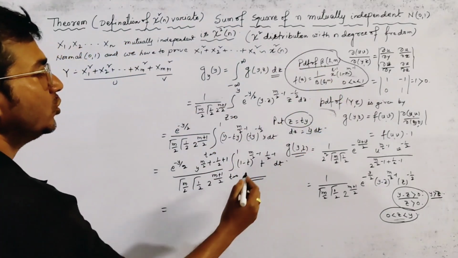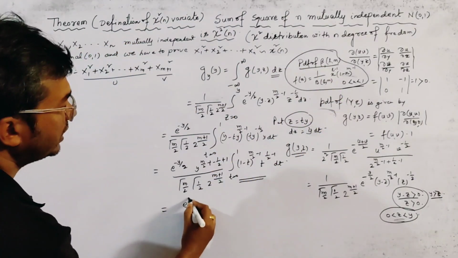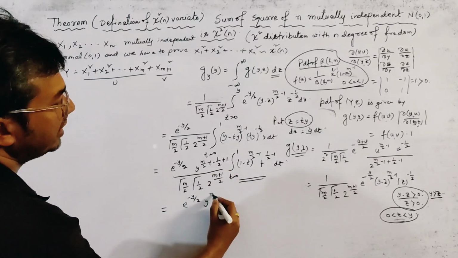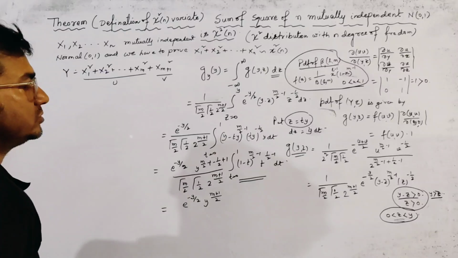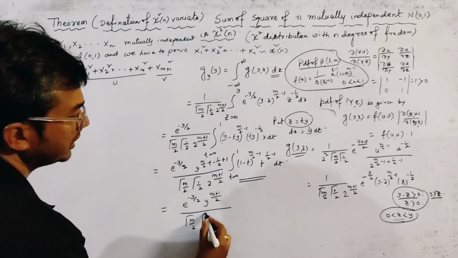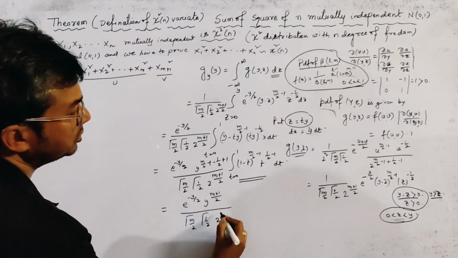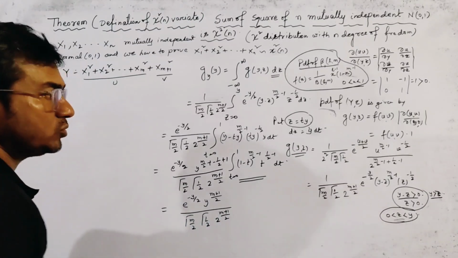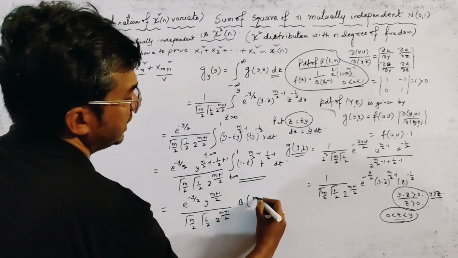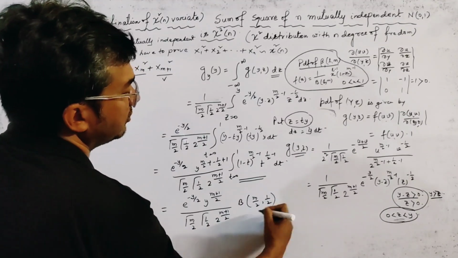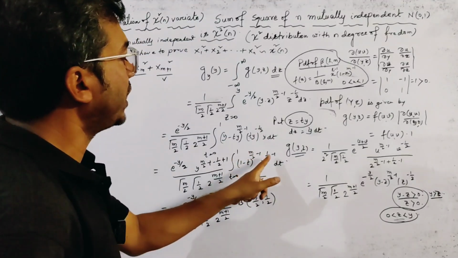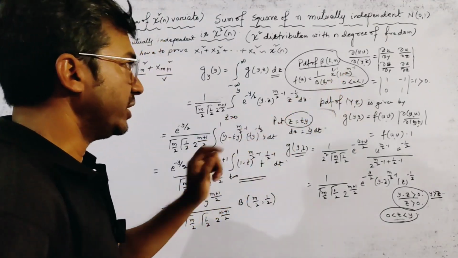We write that e to the power minus y by 2, y to the power m plus 1 by 2, by gamma m by 2 gamma half 2 to the power m plus 1 by 2 into, this is nothing but the beta function, beta m by 2 comma half, because here L is m by 2 or half and M is m by 2.